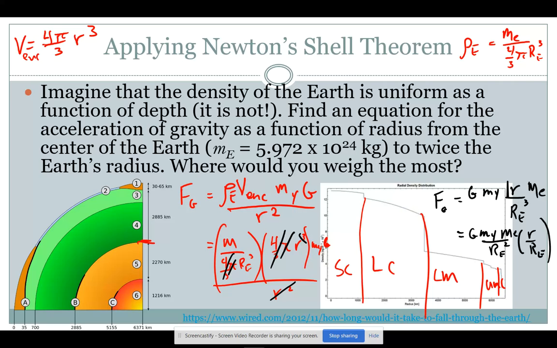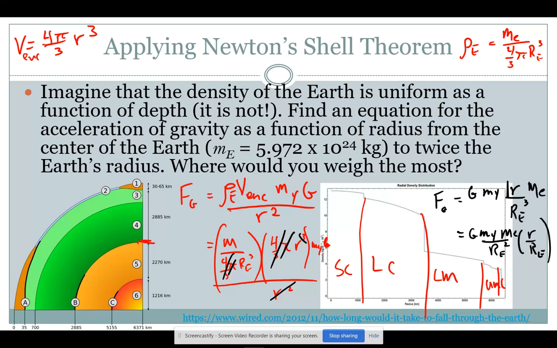It's as if all of the mass is at the center, if it's a spherically symmetric distribution. And so we just use the equation G mass of U mass of the Earth over r squared, the distance from the center of the Earth, if you go beyond the surface. So it's going to drop with the 1 over r squared if you go beyond the surface.